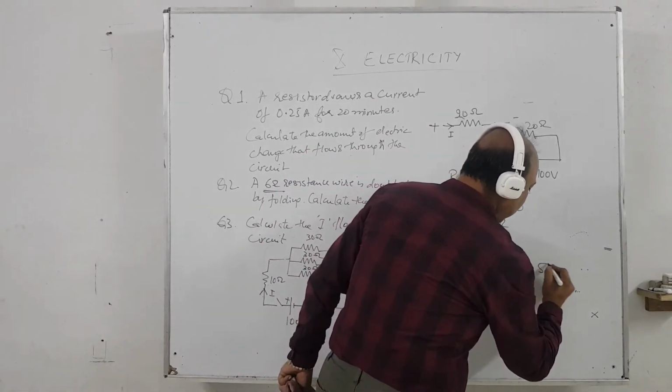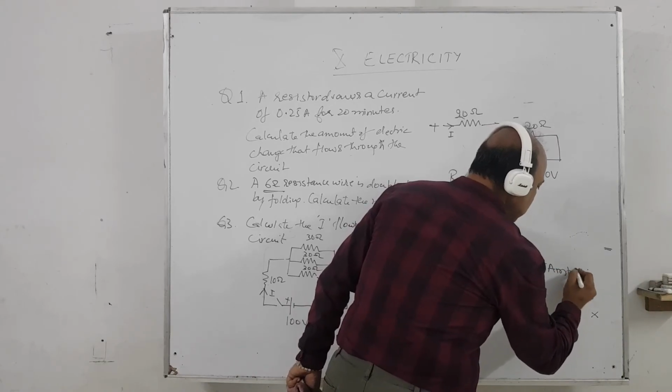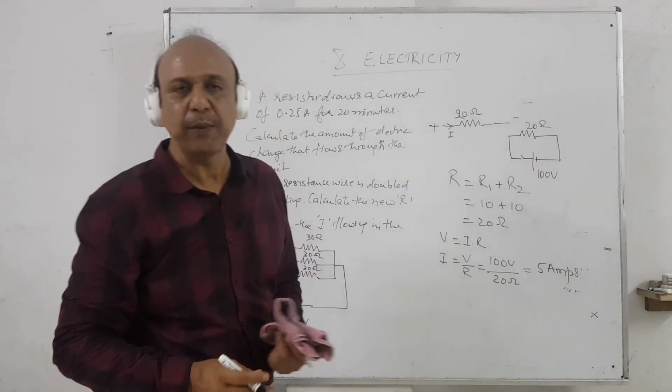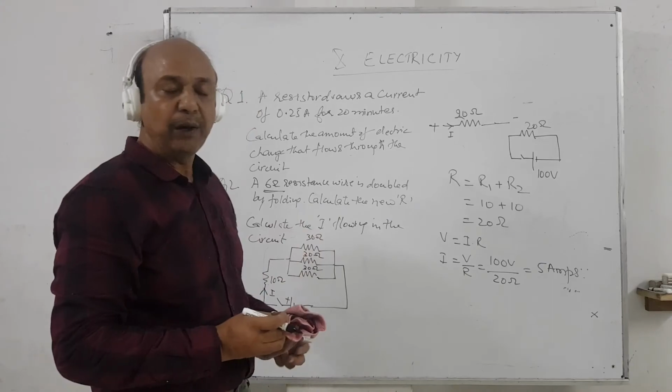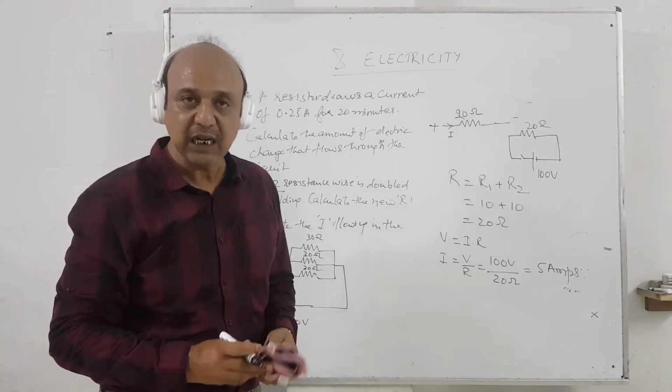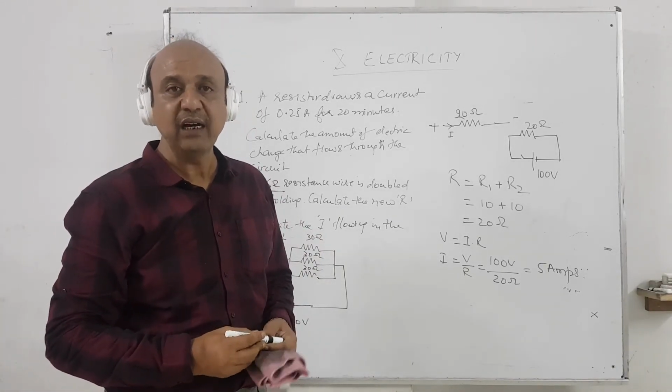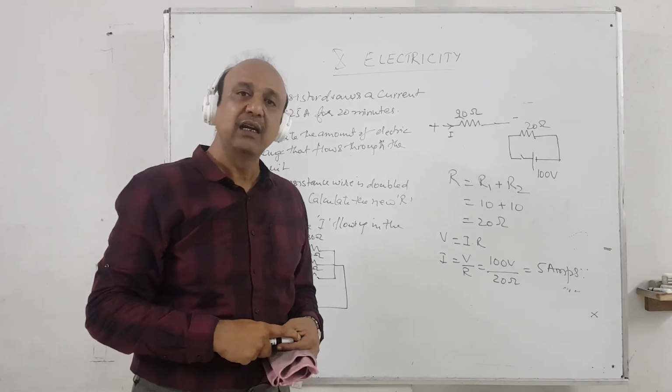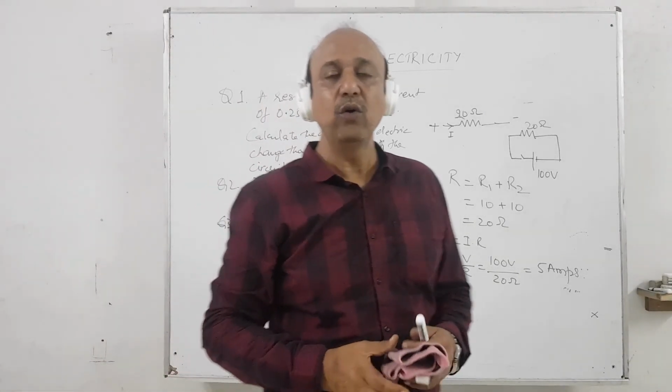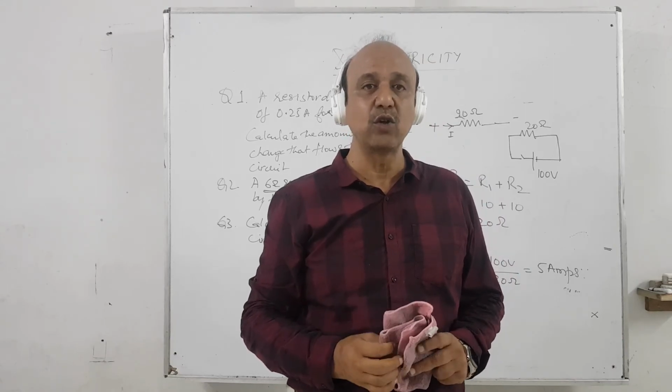So current is equal to 5 amperes. Very simple. Let it be any complicated circuit. We will be discussing how to break first and then reunite them to solve the complicated circuits also.